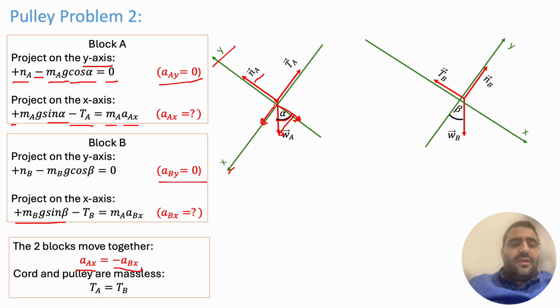The other relation is from the fact that the pulley and the cord are massless. Since the pulley and the cord are massless, the magnitude of the tension on one side of the cord should be equal to the tension on the other side. So we have TA equal to TB. So I'm going to use this equation to find TA, this equation to find TB, and then I can equate these two.